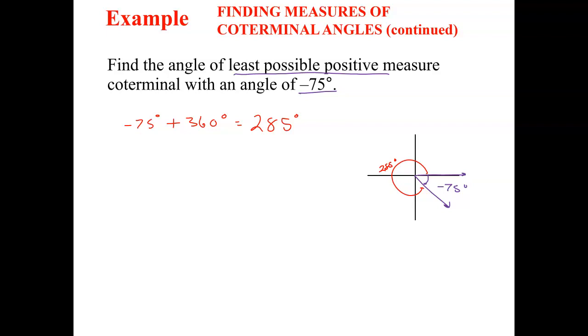It may say just give me a negative coterminal angle. Then as long as it's negative and coterminal, it doesn't matter. You could subtract 360 as many times as you want. If it says any positive, then you can give any positive. So you've got to make sure you pay attention to directions. Most of the time, this is what we want because these are the angles we're going to be using for various things.